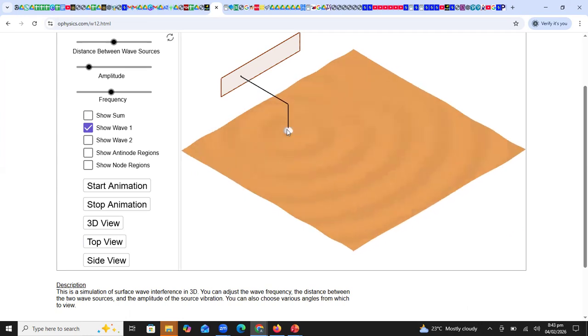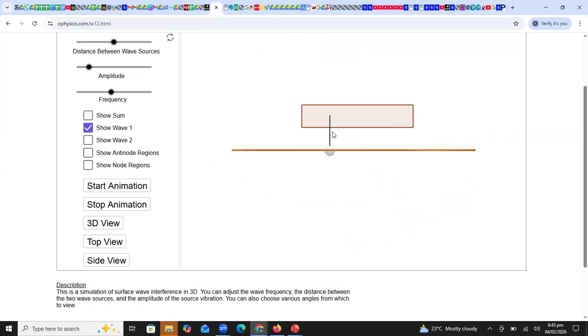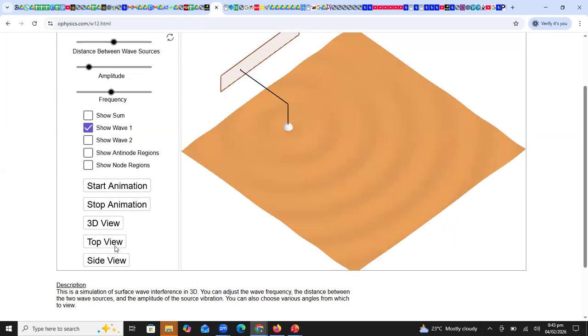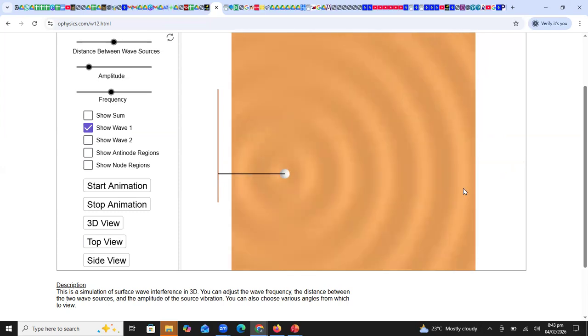This dipper is just moving up and down, so it is generating water waves, and these waves travel from one place to another, and the image can be observed below this ripple tank. You can see the side view of how this dipper is moving up and down. Because of this movement it is generating transverse waves. You can see the top view as well, showing how the water waves are generated.